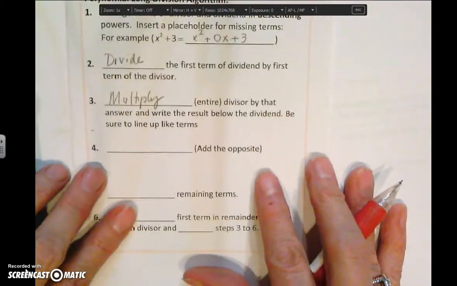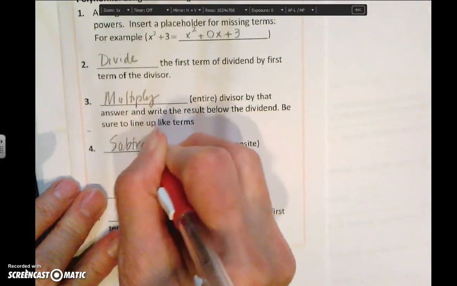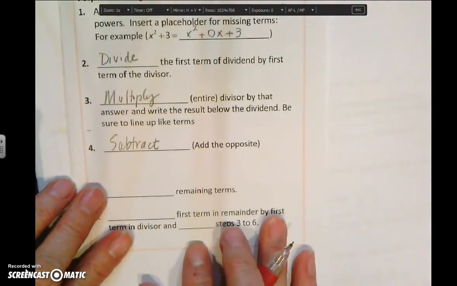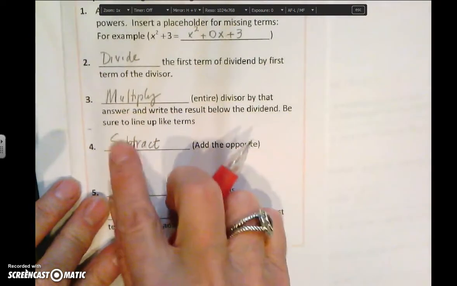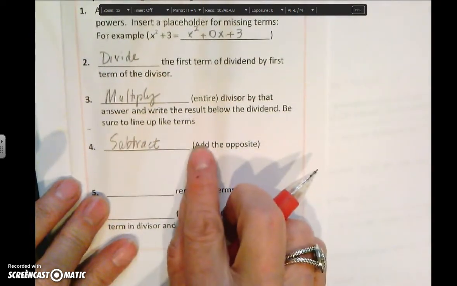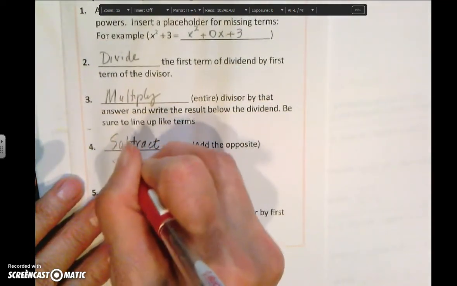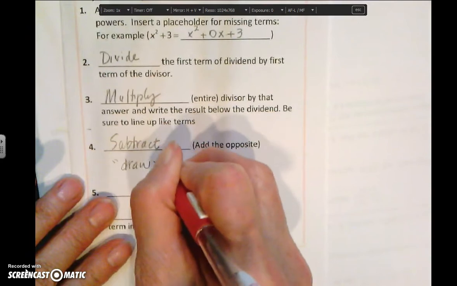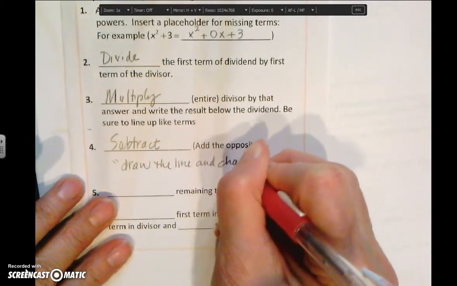The next step then is to subtract, except when we're working with polynomials, you have positive and negative numbers, and whenever you have negatives, subtraction needs to be changed to addition of the opposite. To remind you to do that, you're going to draw the line and change the sign.